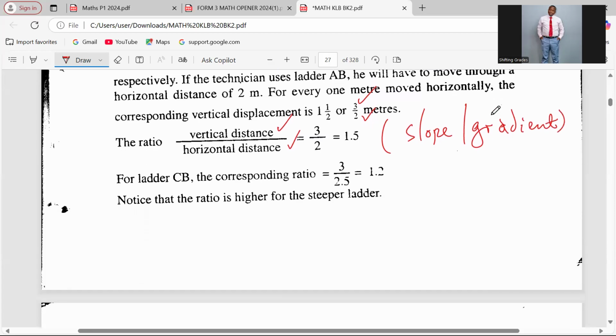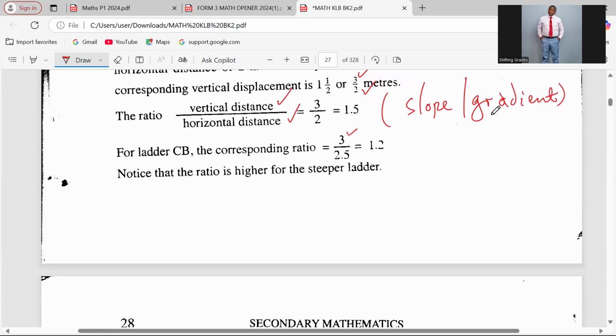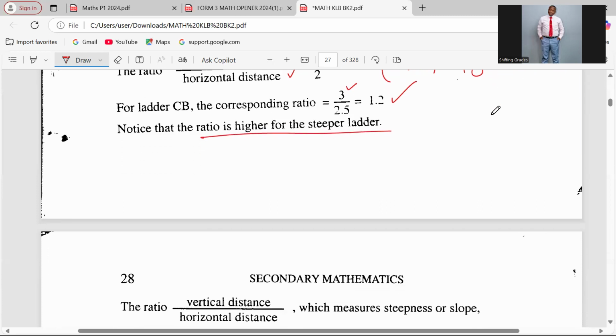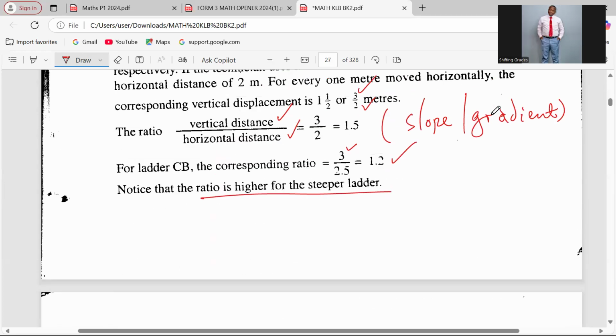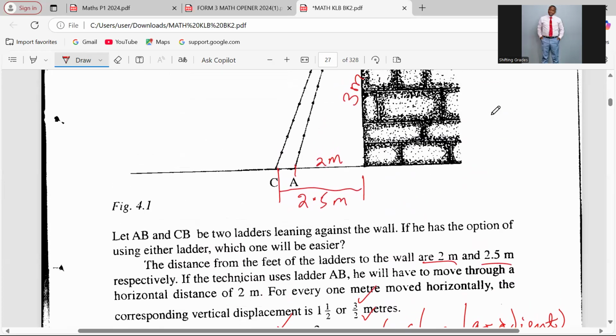Now for the other ladder, it will be 3 out of 2.5, which becomes 1.2. It is good for you to note that the ratio is higher when the ladder is steeper.